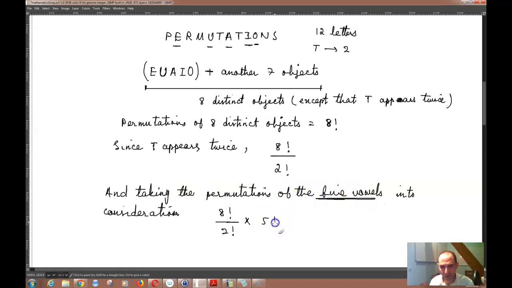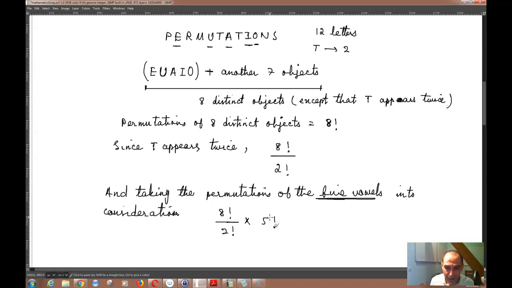So that would be 5 factorial. And of course, as you can see, nothing is repeated here. So we have no problem there. We don't have to take anything out or subtract anything. So we are good to go.